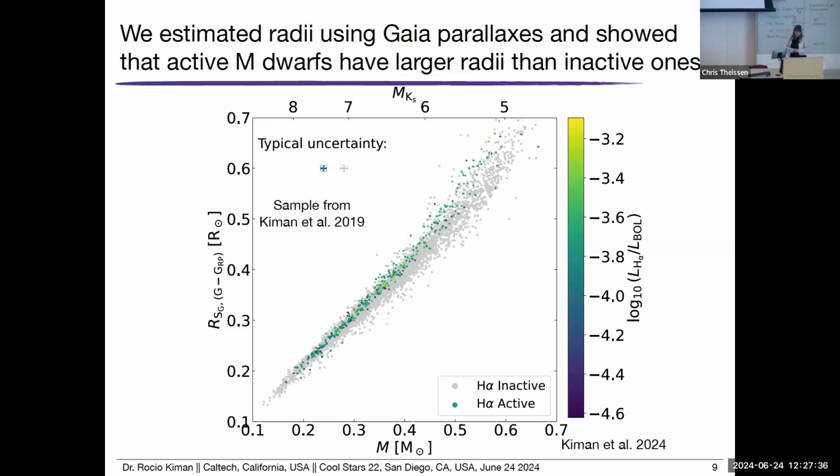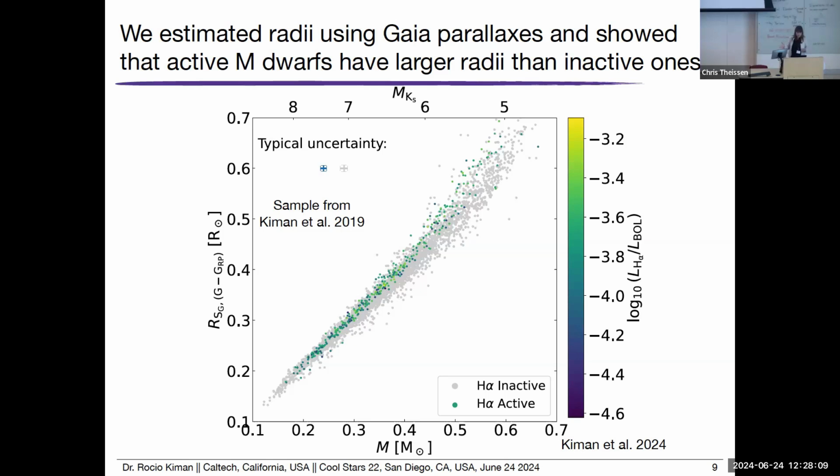And for that, we used the sample from Kiman et al. 2019. And what we did was to divide the sample in active and inactive. All of this sample has values of H alpha measurements. H alpha is a magnetic activity indicator for M dwarfs. And here in the plot, I'm showing you in the y-axis, the radius calculated by our method, and in the x-axis, the mass calculated by absolute K magnitude.